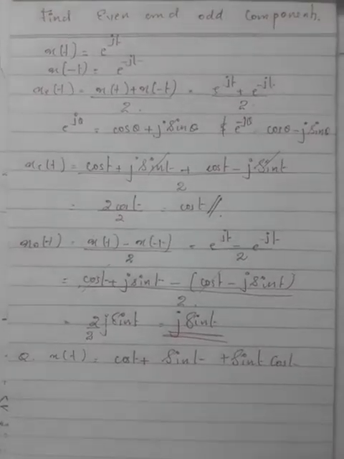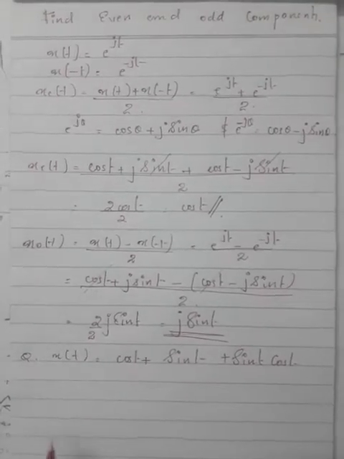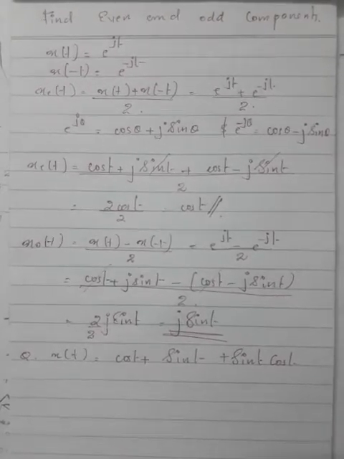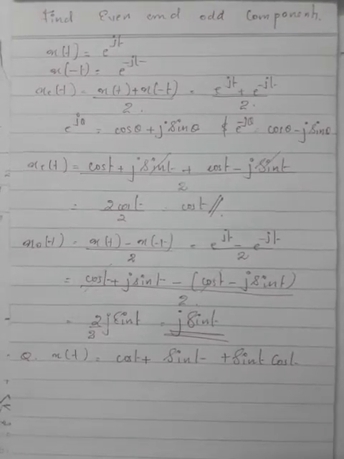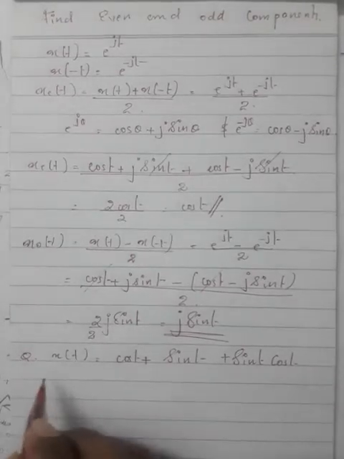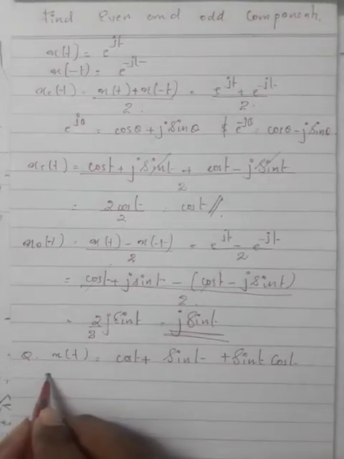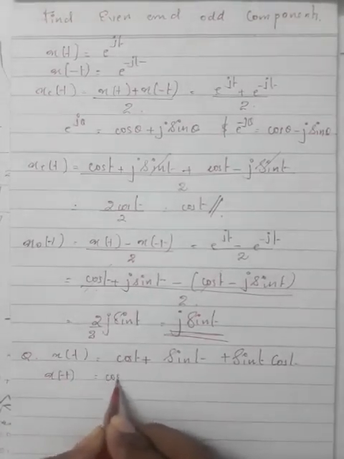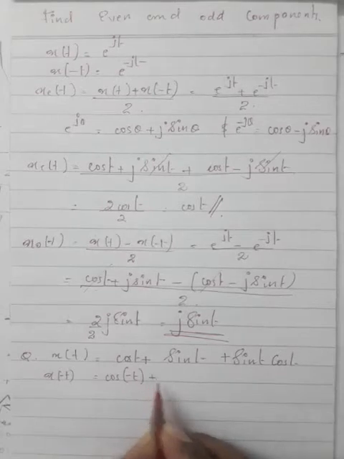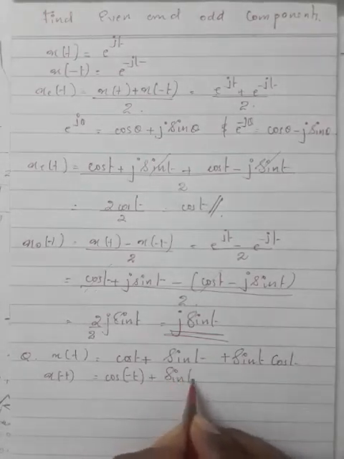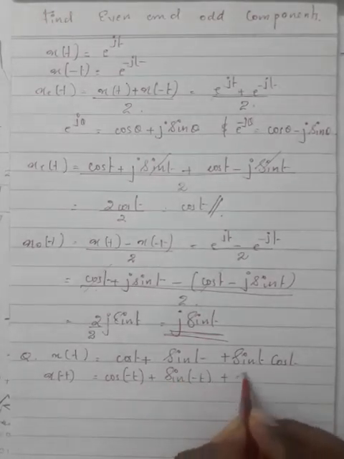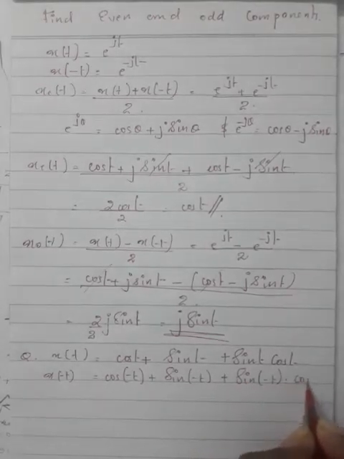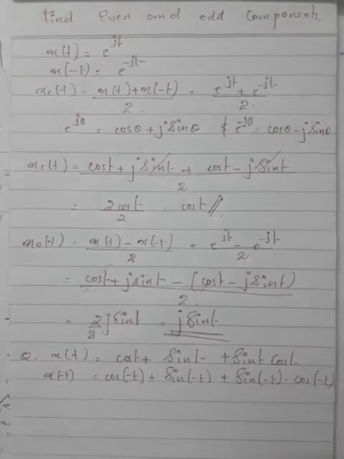So the next question is find the odd and even components of x of t equal to cos t plus sin t plus sin t cos t. In order to find even and odd components, we need x of minus t, which is equal to cos of minus t plus sine of minus t plus sine of minus t into cos of minus t.